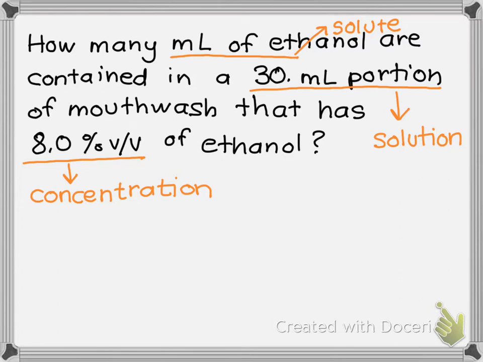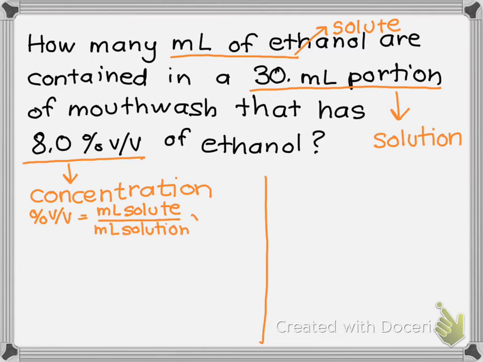So to solve algebraically, we would just plug it in. So I know that the percent volume to volume is going to equal the milliliters of solute divided by the milliliters of solution times 100. So I would plug it in, and I have 8% equals, I'll just put V for my volume, that's what I don't know, divided by 30 milliliters times 100.